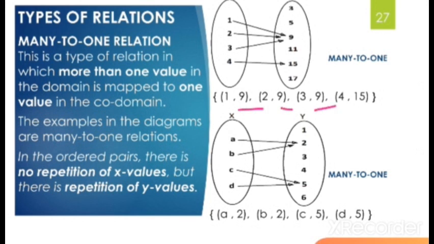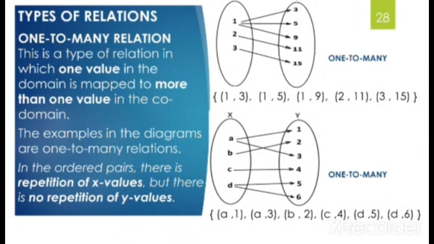The y values, or the second numbers, are repeating over there. So that is a many-to-one relation. In the same way, in the second example, we can see 2 here and 2 here. We can also see 5 here and 5 here. So whenever the y values are repeating, but the x values are not repeating, then we have a many-to-one relation.